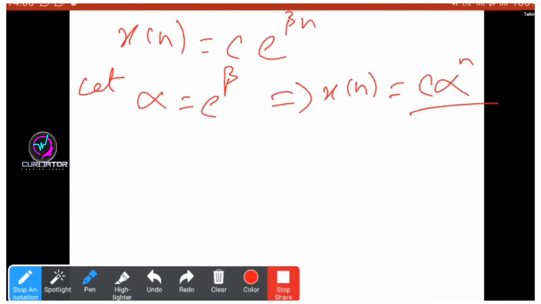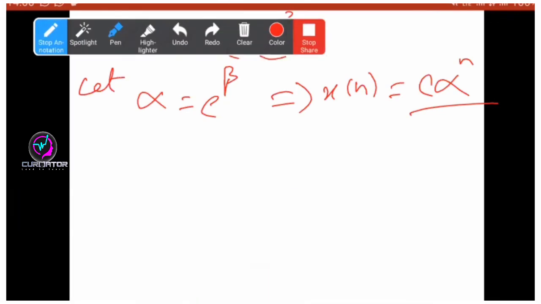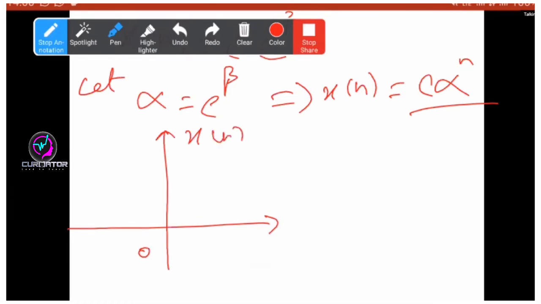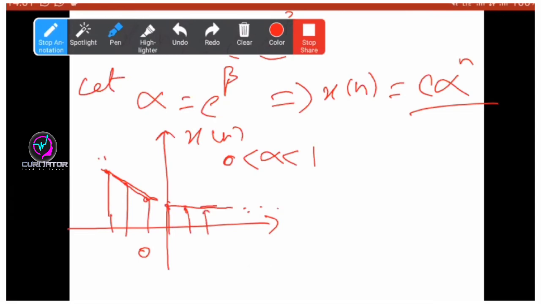If alpha and c are purely real valued, then our signal will be purely exponential, x of n. And if alpha's value lies between 0 and 1, our signal will be like this, and this intercepting point will be C.